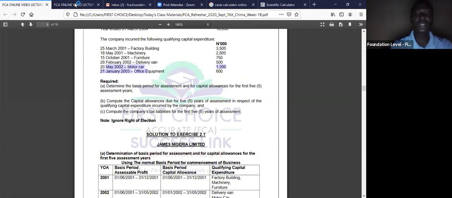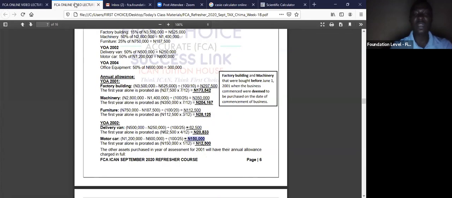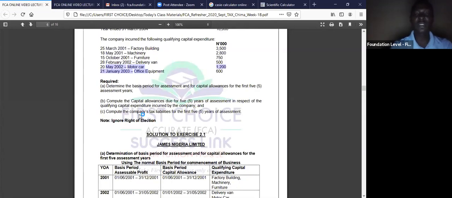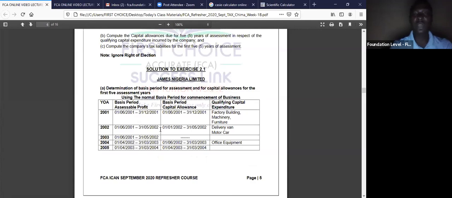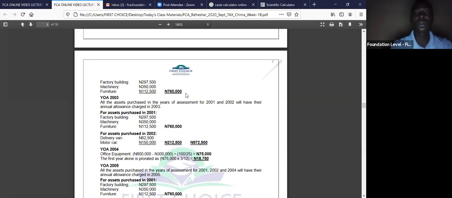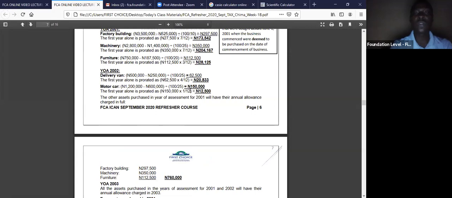That means it was used for the first time in May. When does the basis period end? It also ended in May 2002. That means it was used for 1 month in the basis period. So that's why you see me here saying 1/12 of this figure. So it gives me 12,500.